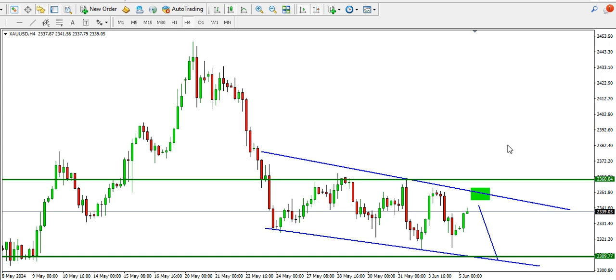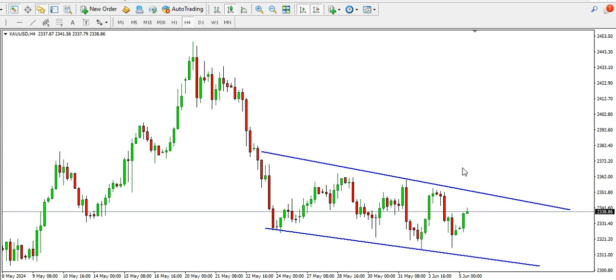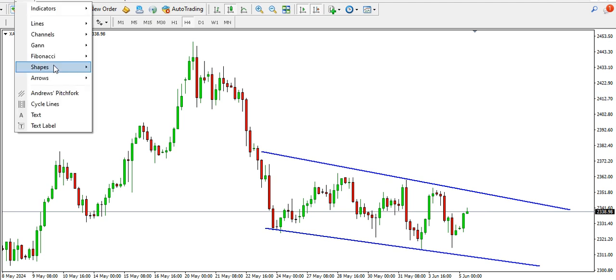But that's that for the 4-hour time frame. So buyers will buy around here for now on the 4-hour time frame.